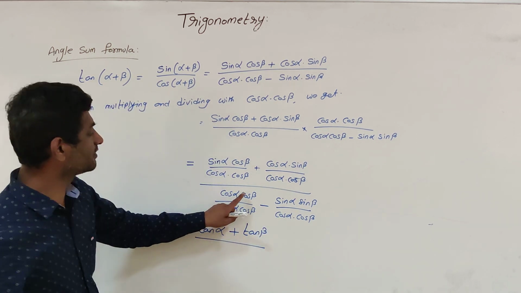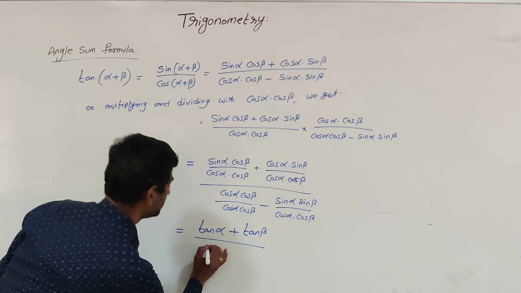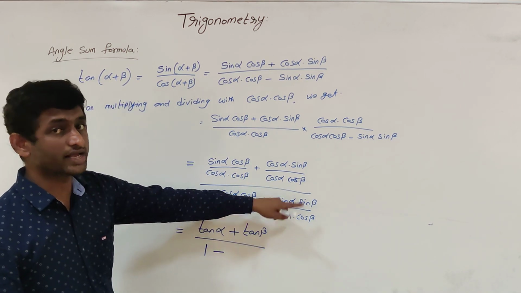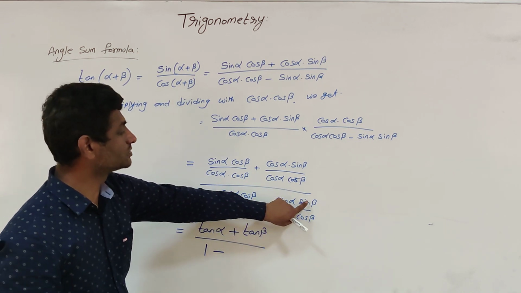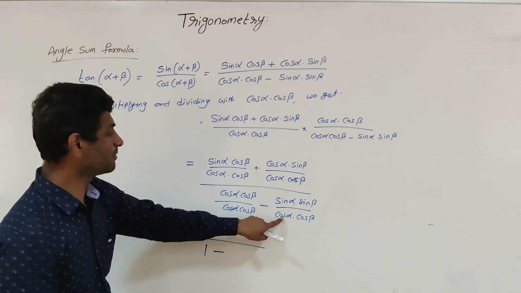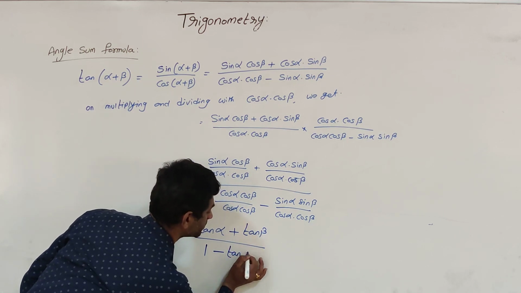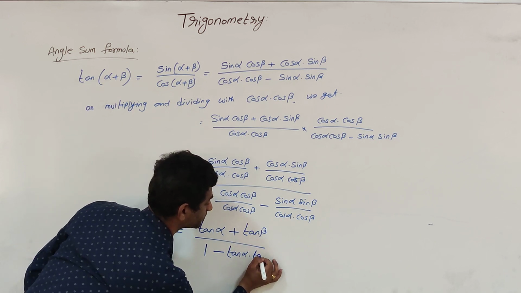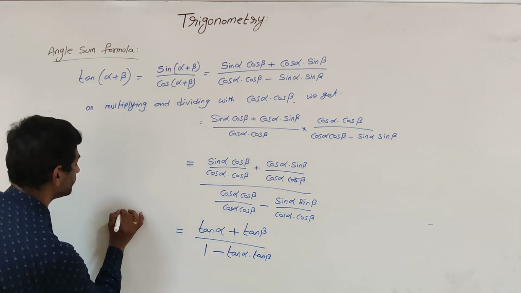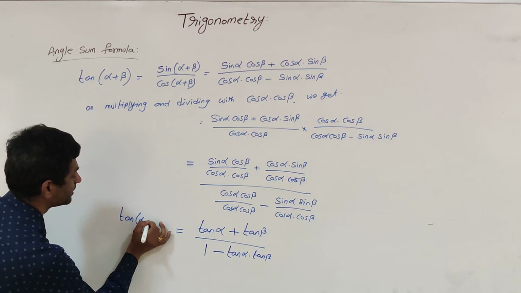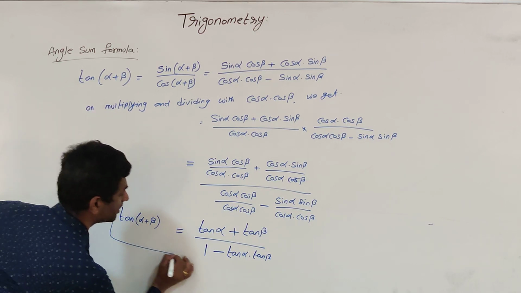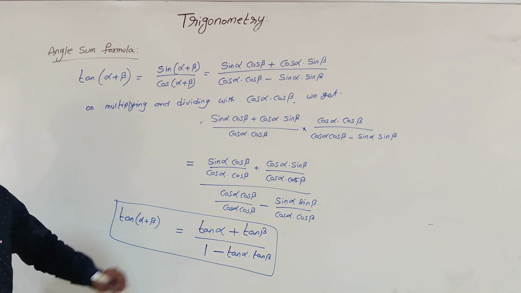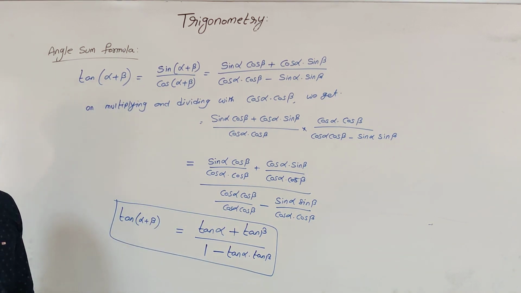In the denominator, cos alpha cos beta by cos alpha cos beta will be 1, minus is a minus, sin alpha by cos alpha, there is no cancellation, sin alpha by cos alpha into sin beta by cos beta, sin alpha by cos alpha gives tan alpha into sin beta by cos beta is tan beta. So that is the tan of alpha plus beta. So tan of alpha plus beta is tan alpha plus tan beta by 1 minus tan alpha tan beta.